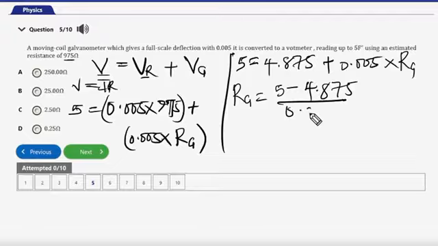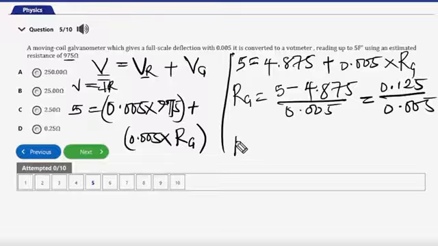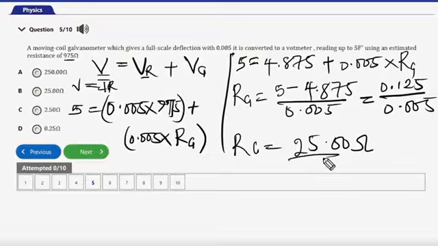So this will be 0.125 over 0.005. So in that case, RG is going to be, when you divide this, 25. So that's 25.00 ohms here, and that's option B here. So guys, that's the answer to this question. So let's go ahead and consider the next question, guys.